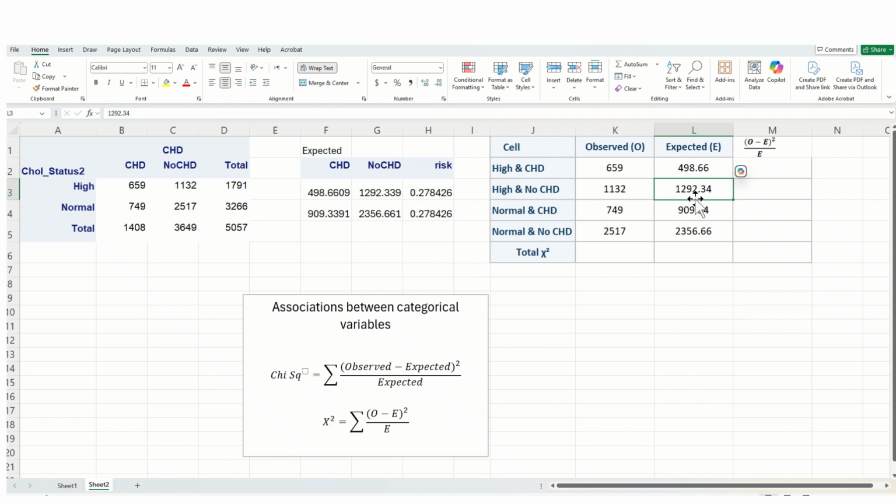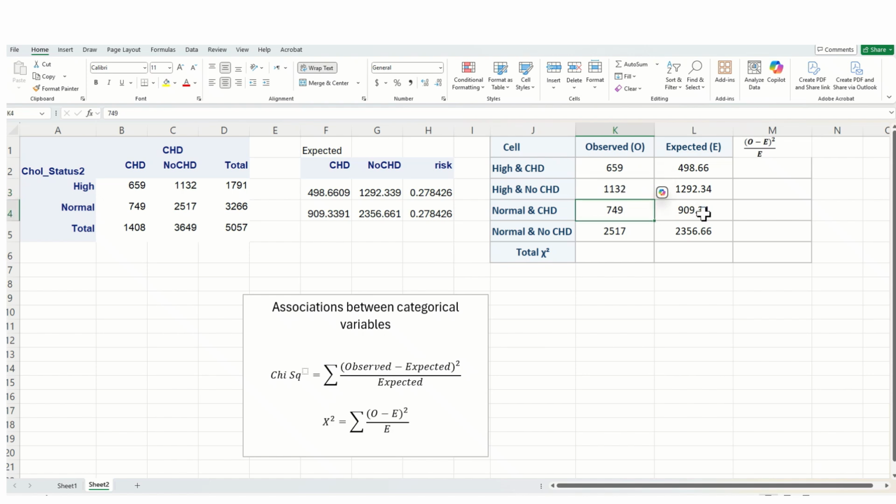And it is further reinforced by the next two values. The expected number of individuals with high cholesterol who would not develop chronic heart disease was 1292, but we see that a lesser number of individuals with high cholesterol did not develop chronic heart disease.